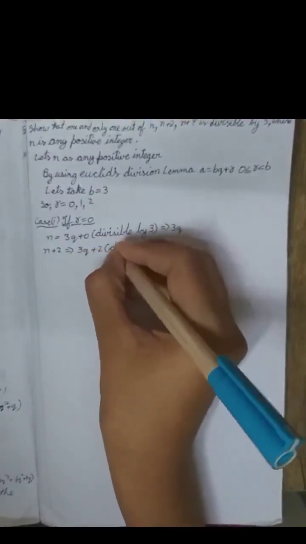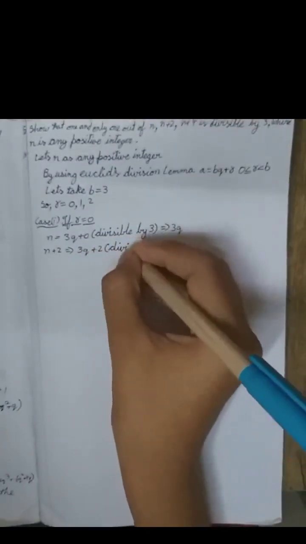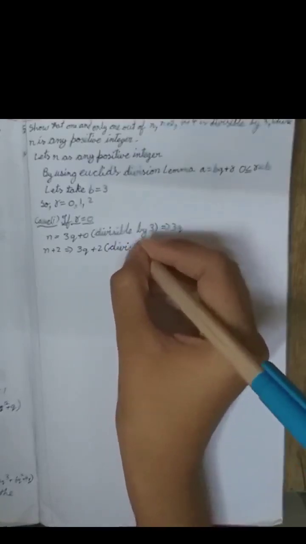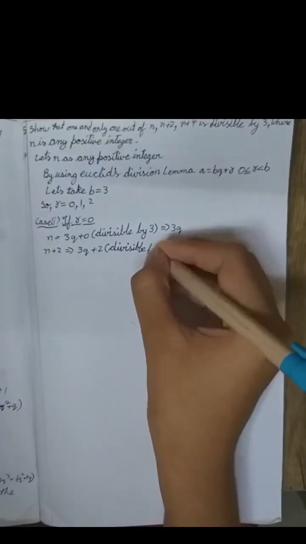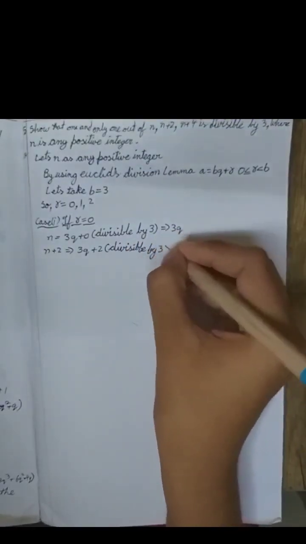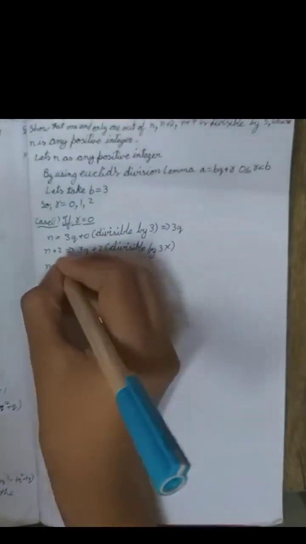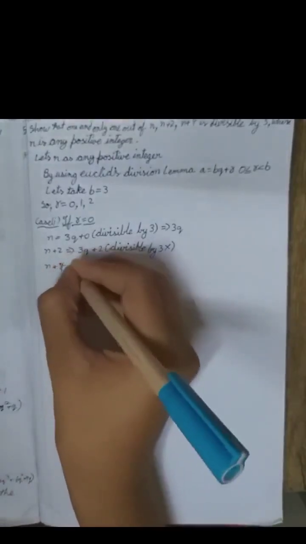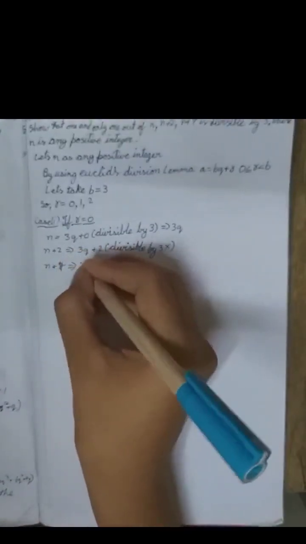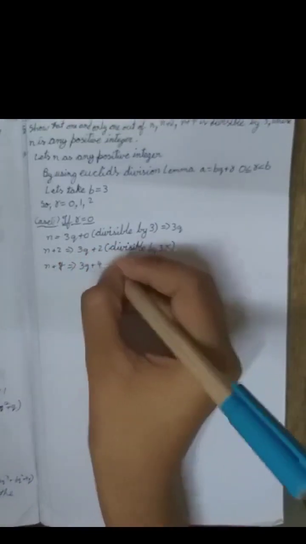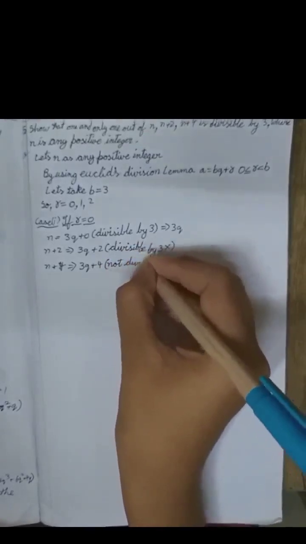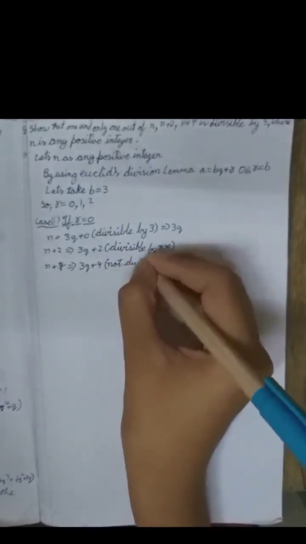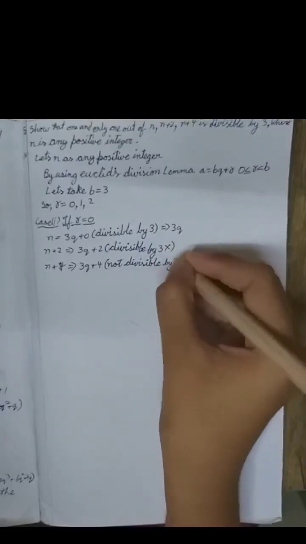It is not divisible by 3. n plus 4 is equal to 3q plus 4. It is also not divisible by 3.